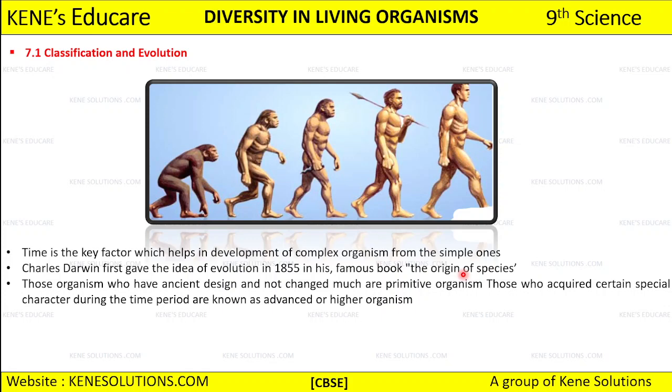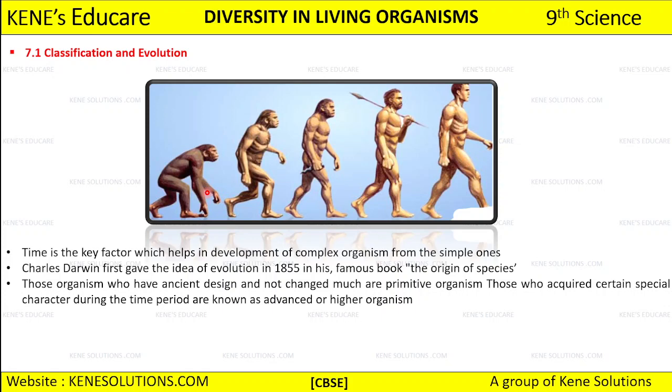Okay, so those organisms who have an ancient design and have not changed much are primitive organisms. Now we are not left with these primitive organisms, because we all know that the person who is born dies as well, right? Because of evolution we have come very far ahead, and these primitive humans or primitive organisms we don't have now.